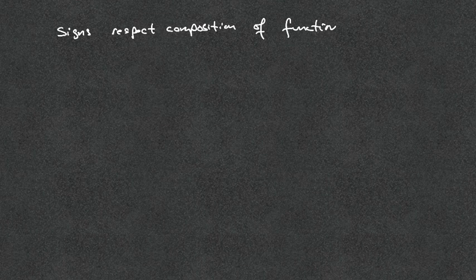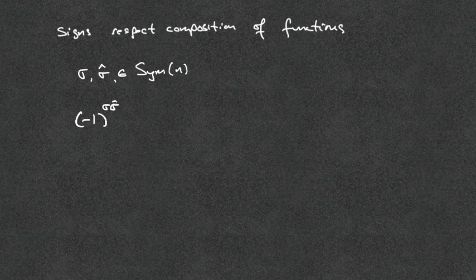What that means is that if we have 2 different permutations, say sigma and sigma hat, in our group of permutations, then the sign of the composition of those 2 permutations is going to be equal to the sign of the first one times the sign of the second one.